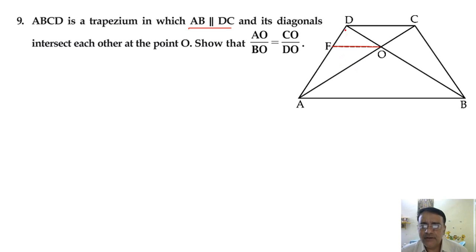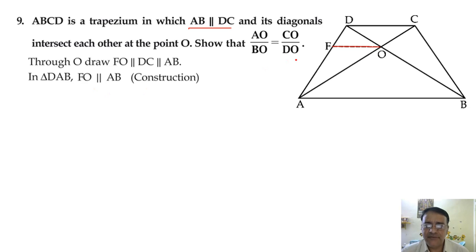Okay, now we are going to apply basic proportionality theorem in triangle ABD. Right, FO is parallel to AB. So what we can write, DF upon FA is equals to DO upon OB. Let it be equation number 1.